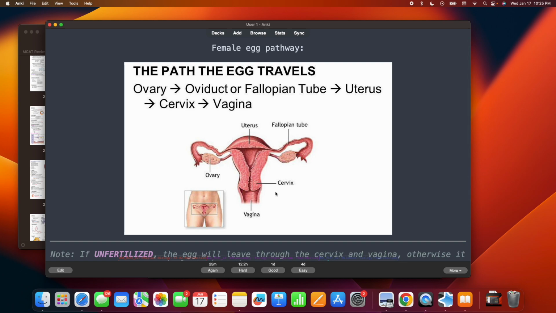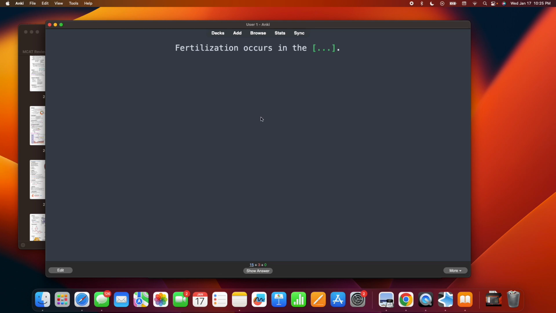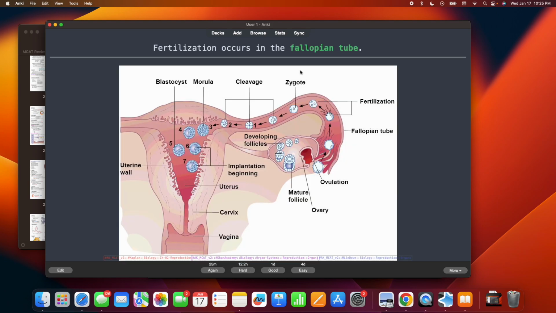So when it's unfertilized, it is menses that happens, and during menstruation, the shedding of the endometrial wall happens. Cool. Fertilization occurs in what? The fallopian tube.